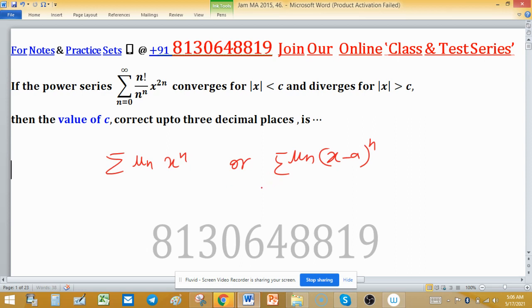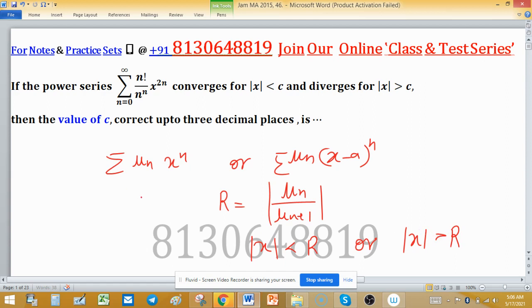If the power series is given in this format, we can easily find the radius of convergence by the limit of u_n upon u_(n+1), and this is the radius of convergence r. The power series converges for mod x less than r, or we can say it diverges for mod x greater than r. For equality we have to investigate further.